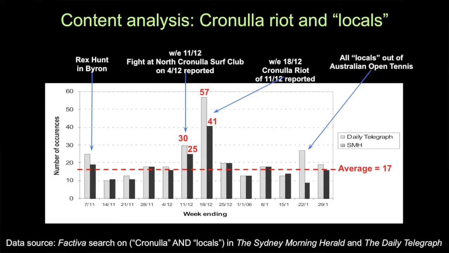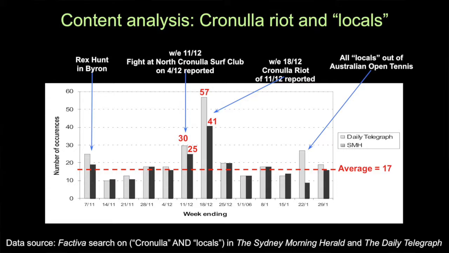So, for example, I did a content analysis on the appearance of the word locals in Sydney metropolitan newspapers, and in particular the Sydney Morning Herald and the Daily Telegraph, around the year of the Cronulla riots, so 6 months before and 6 months after.